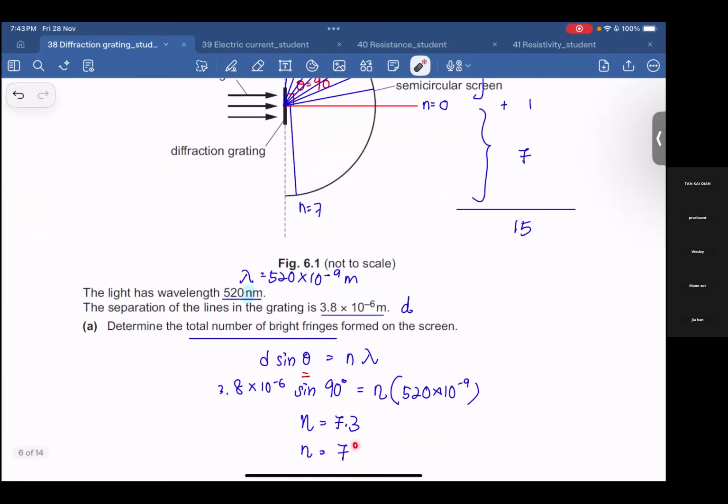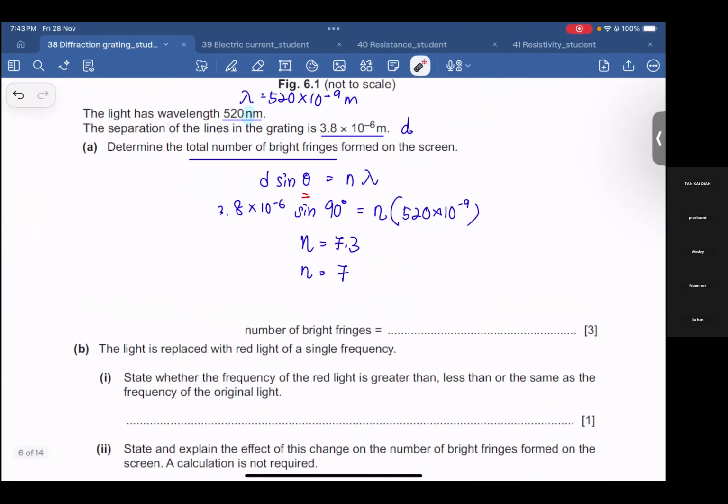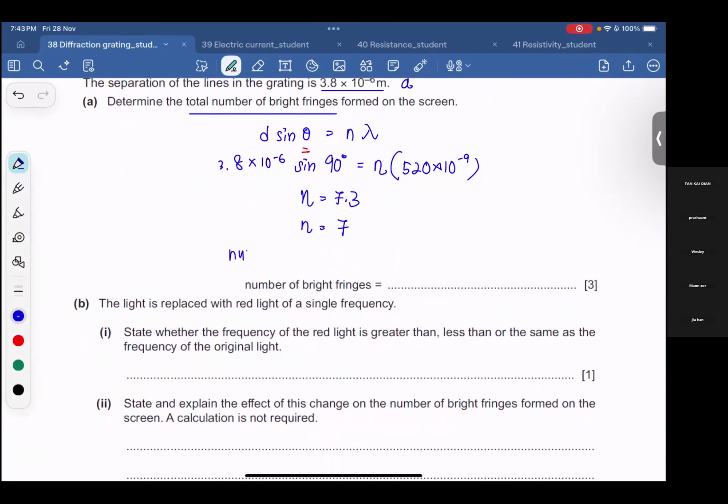What we observed is only the upper part, not yet including the bottom part and the center. So your answer should be 7 plus 7 plus 1, which is 15.